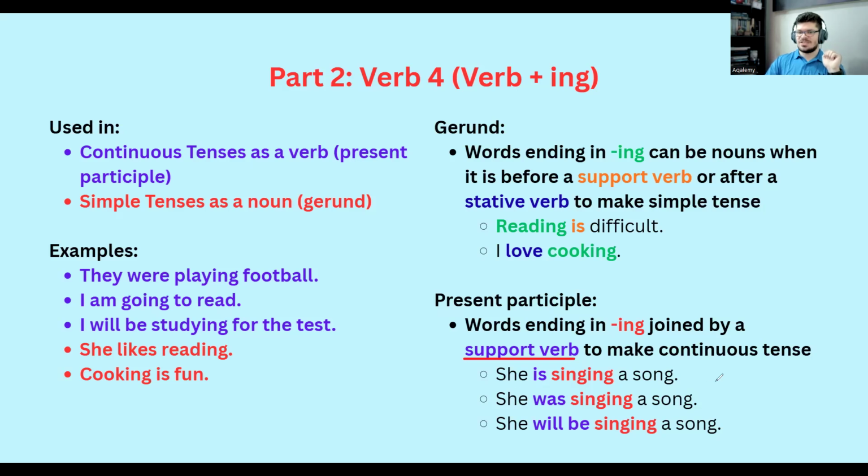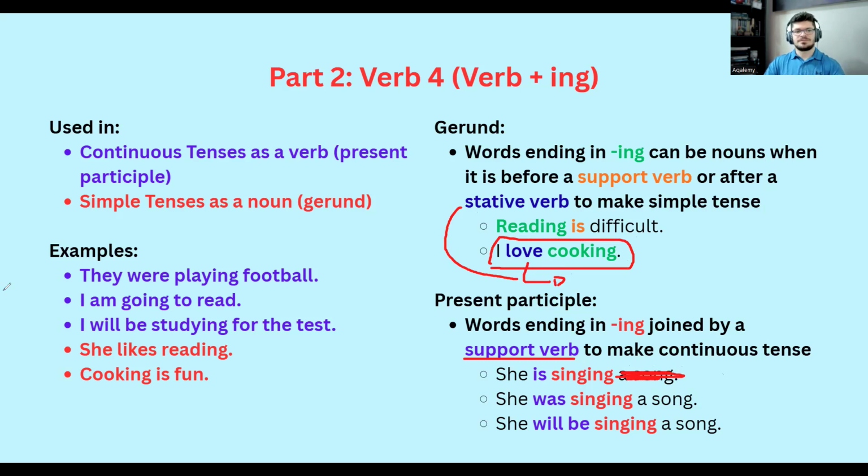She is singing a song. If I take away this one, she is singing a song, singing is still a verb. Okay. But if we look at this one, because love is a stative verb, it does not make continuous tense.